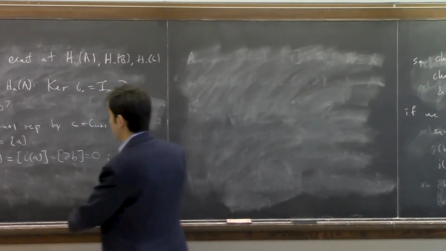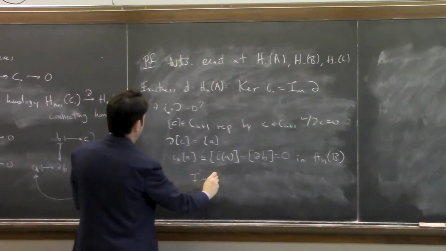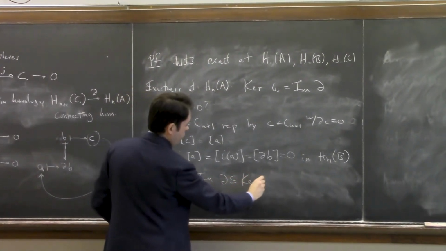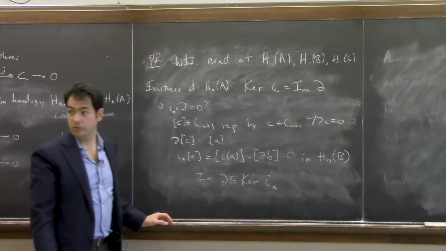OK, so that shows that the image of the boundary is contained in the kernel of I star.